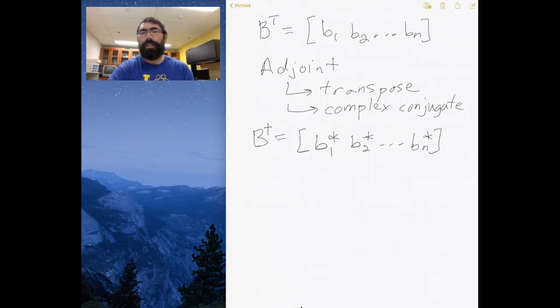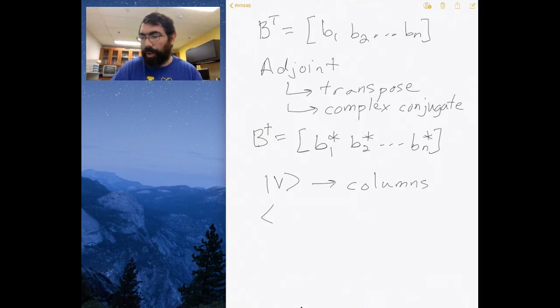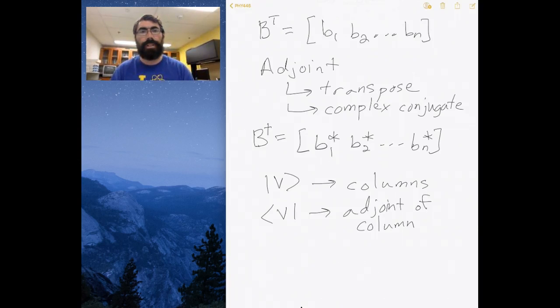So if we think about it a little deeper, I seem to be biased toward the column vector. All of my kets I write as columns, and all the bras I write as the adjoint of those columns, to come up with complex row vectors.